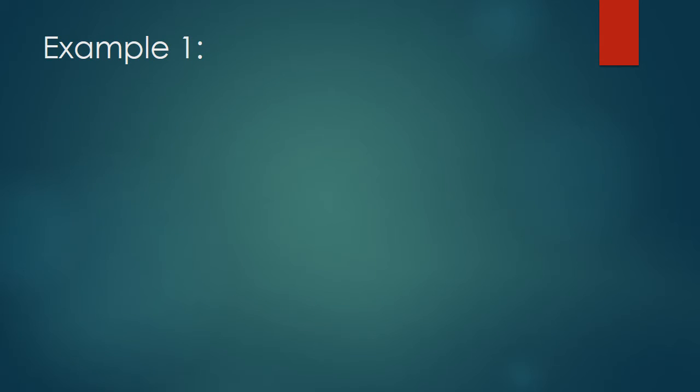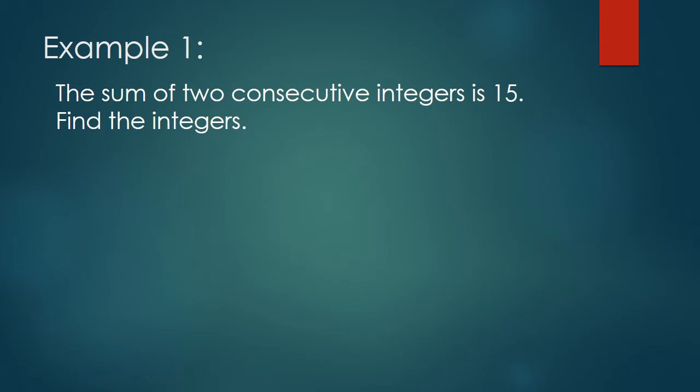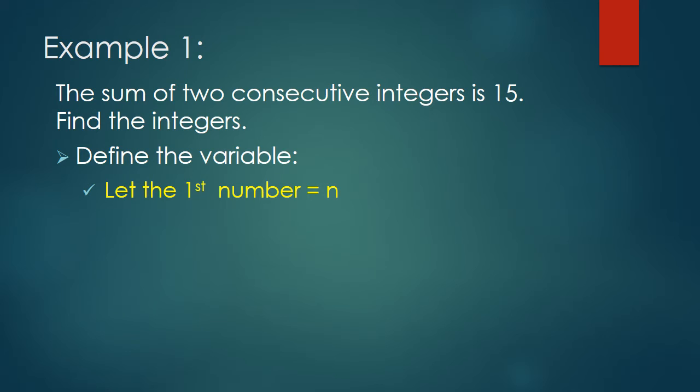Now let's find out how this is going to help us solve some more problems. Our first example is: the sum of two consecutive integers is 15. Find the integers. So I have two consecutive integers, two numbers that follow each other, and their sum is 15. The first step to solve such problems is to define the variables. Since we're talking about two numbers, I'm going to let my first number equal n.